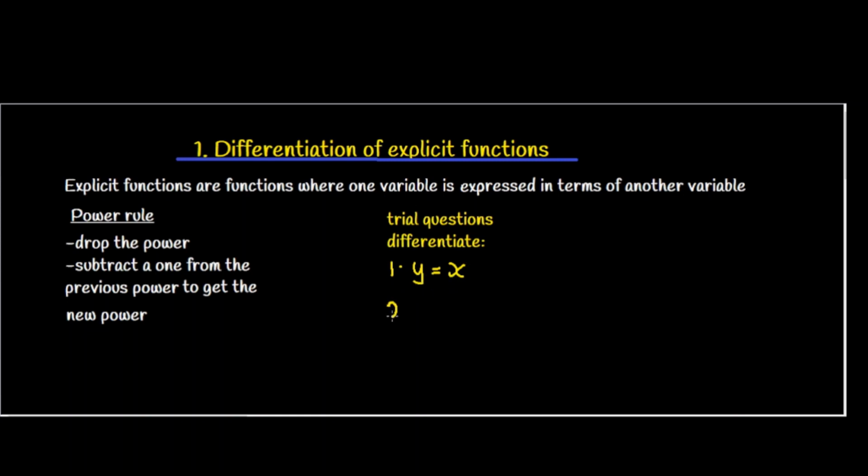Then number 2, have our function like f of x equal to the square root of x. You also try to differentiate that. And then number 3, have our function t equal to 1 over the square root of x. Yeah, something like that also.